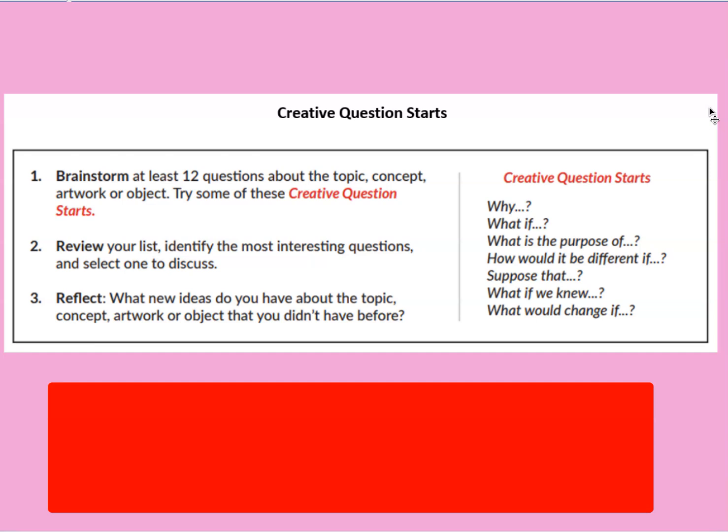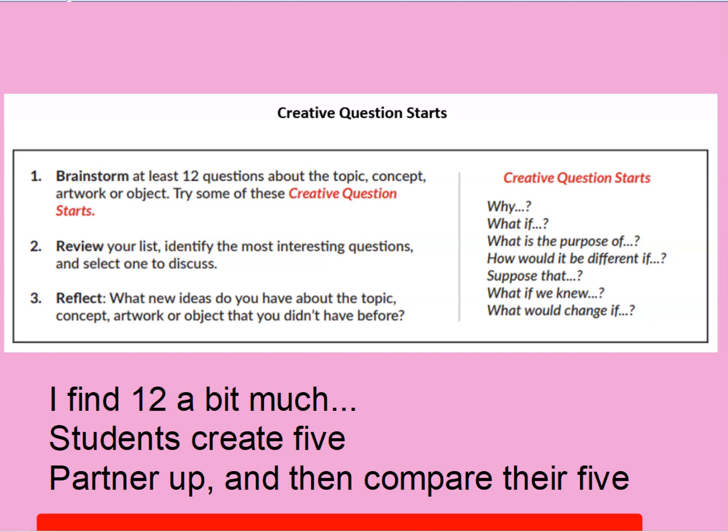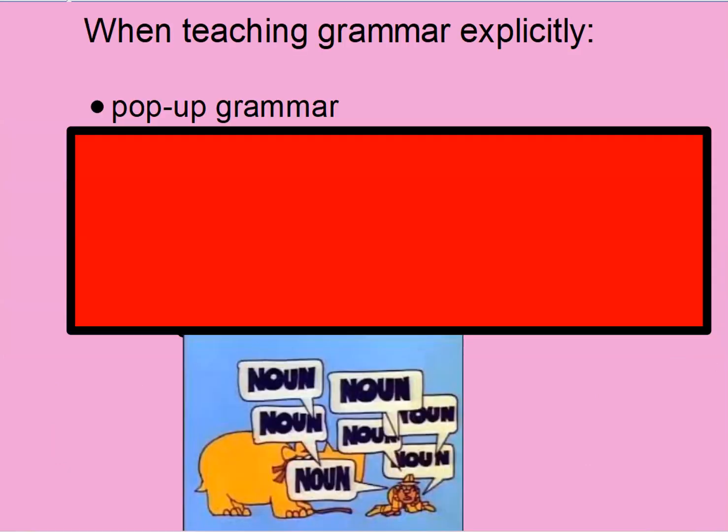So even still, 12 seems to be a bit much to really get to the meat of the things. So I have students create 5 questions, and then I have them partner up and compare their 5 questions. So depending on who their partner is, they may have 10 unique questions, but they probably wind up with 7 questions, which is fine. That is a good amount of questions, I think.